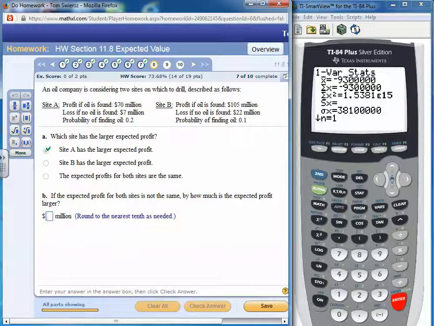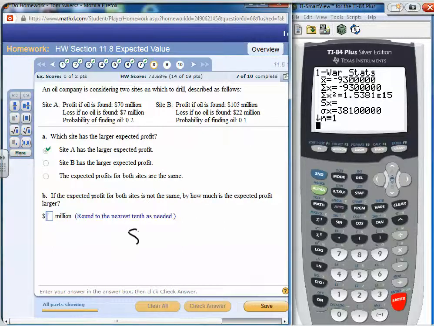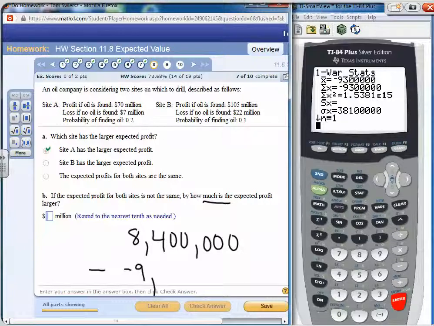Now, if the expected profit for both is not the same, by how much is the expected profit larger? Site A was 8,400,000. How much larger? So we're going to subtract. But remember, site B was a negative 9,300,000, so we're going to subtract a negative. Be careful here, it's easy to make a mistake.